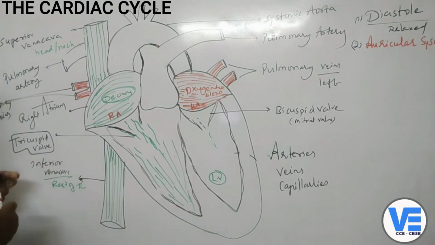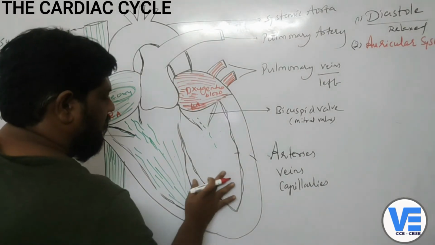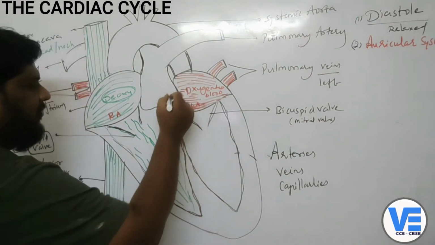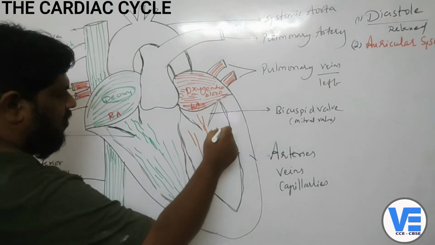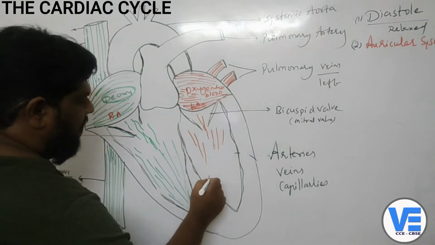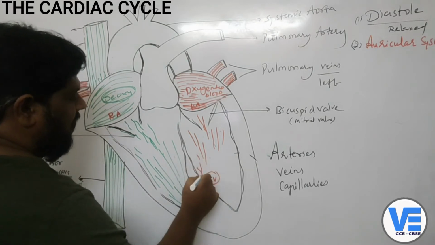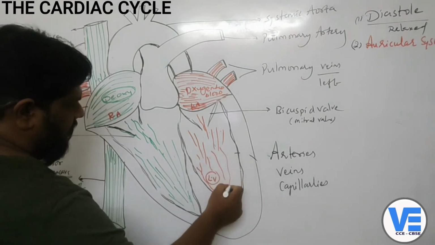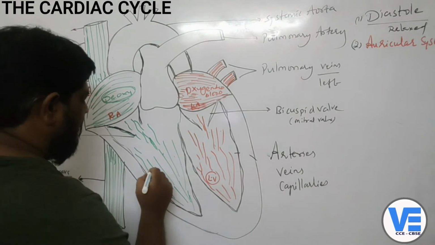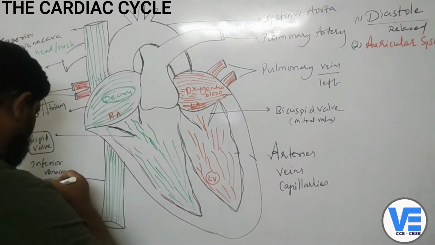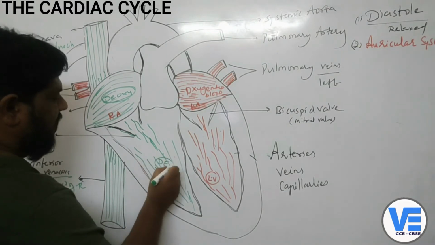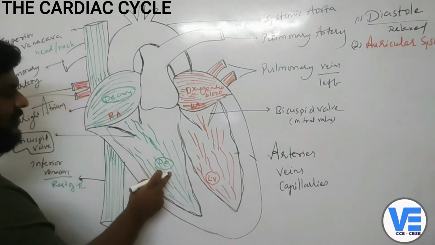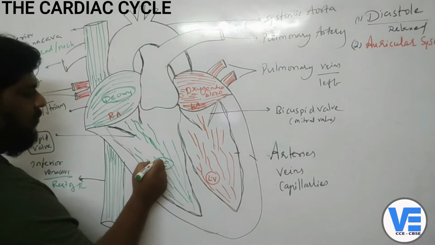And the blood which is in the left auricle will come through the bicuspid valve, or else you can also call it as the mitral valve. Left ventricle will receive which blood? Oxygenated blood. In the left ventricle there is oxygenated blood, and in the right ventricle there is deoxygenated blood.